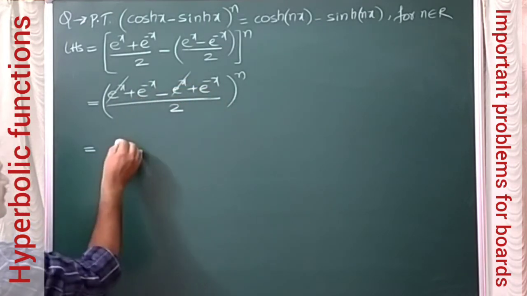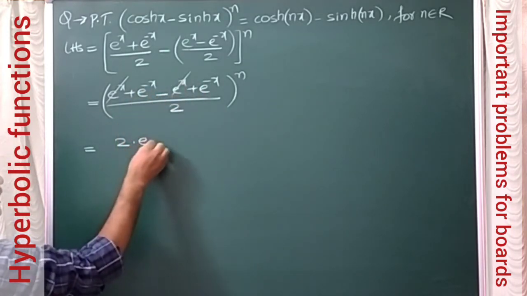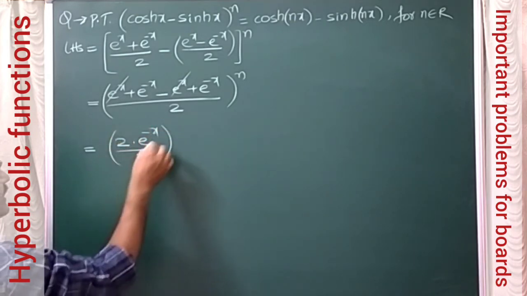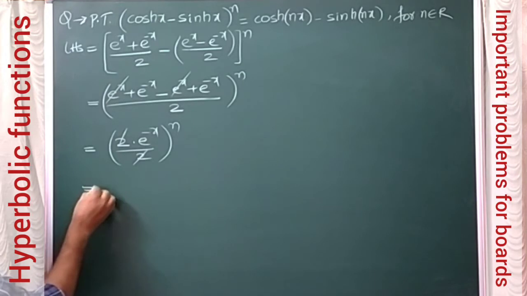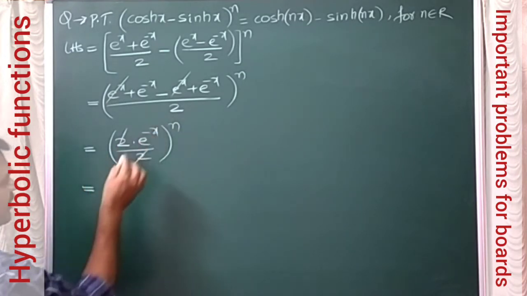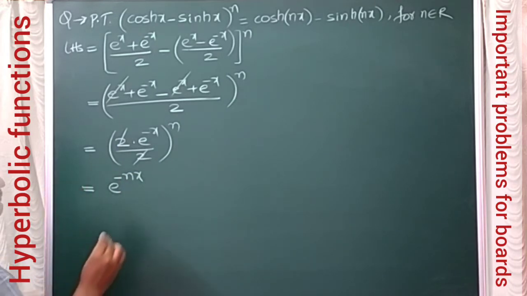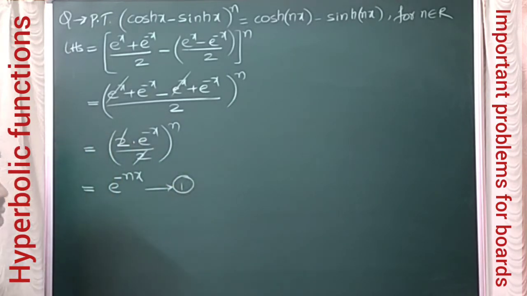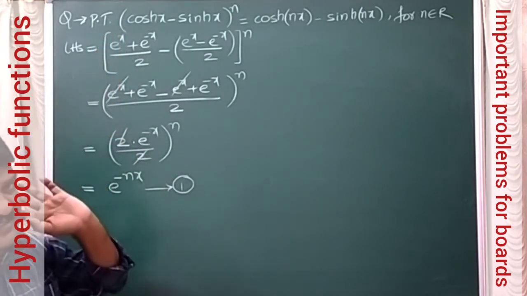So therefore this will be e power minus x plus e power minus x, 2 into e power minus x by 2 whole power n. These two also we can cancel. So e power minus x whole power n means e power minus nx will come. Let this be 1. So we simplified LHS part, we got like this.